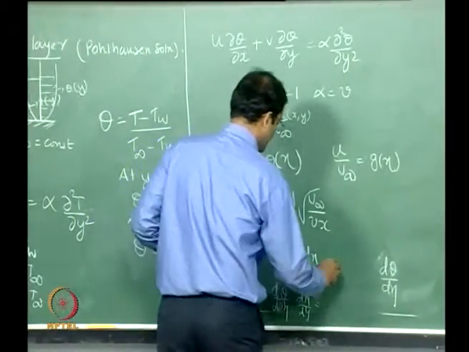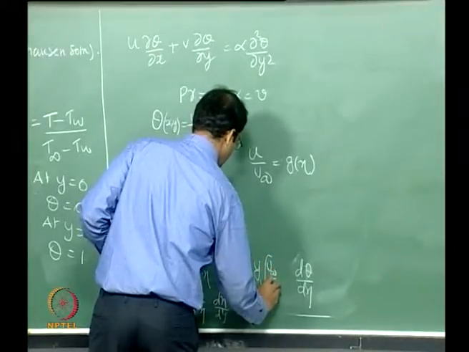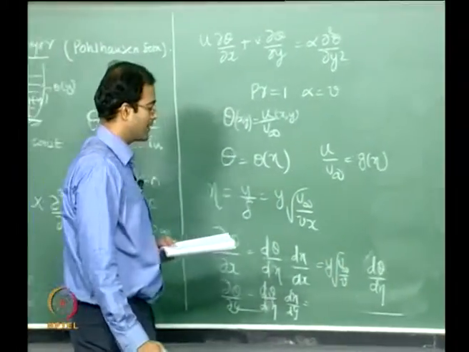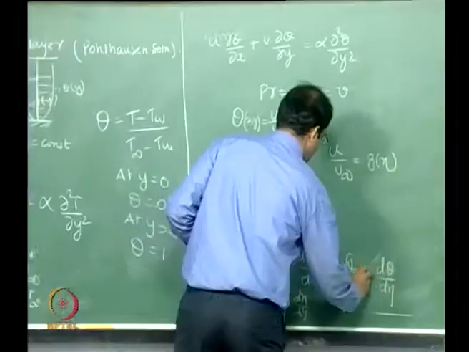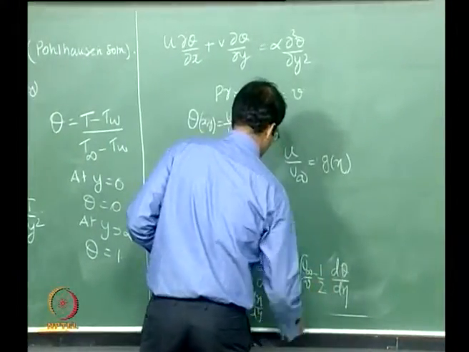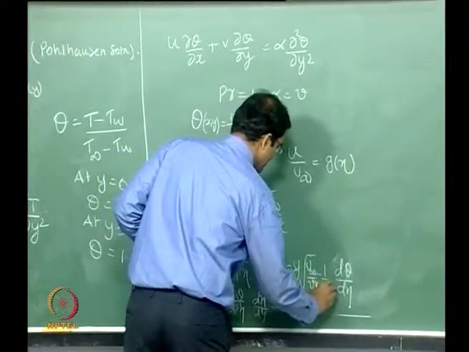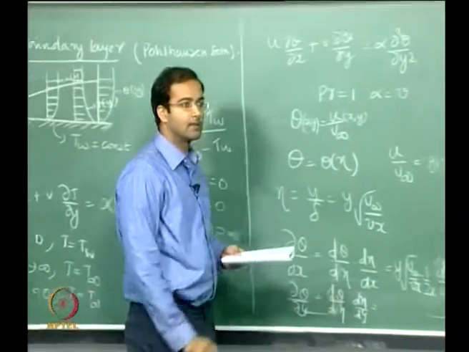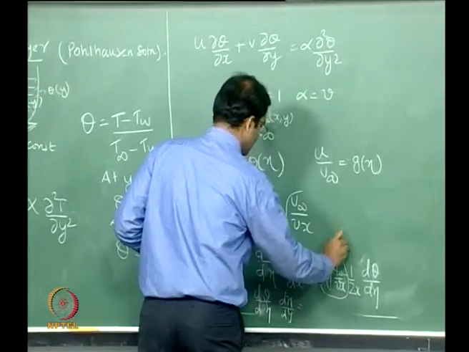So this is y square root of u infinity by nu, into the differential of x power minus half, that is minus half x power minus 3 by 2, which I can again write like this, and this already is my eta.